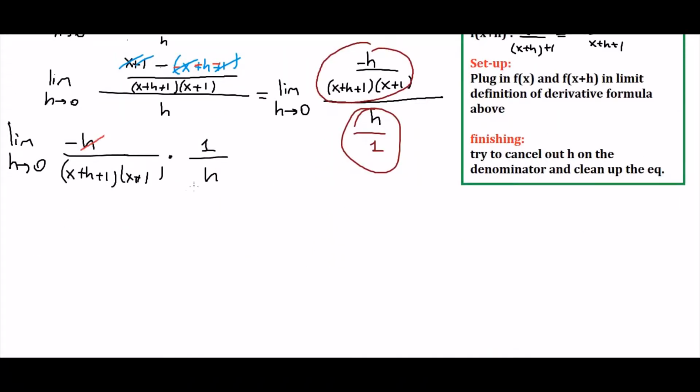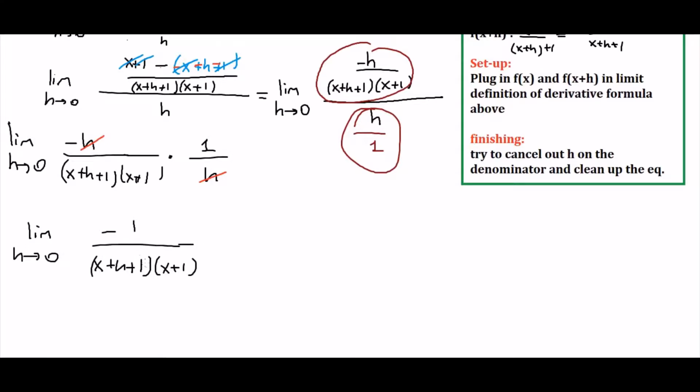Now h cancels h, and as h approaches 0, we have negative 1 on top, and (x + h + 1)(x + 1) on the bottom.